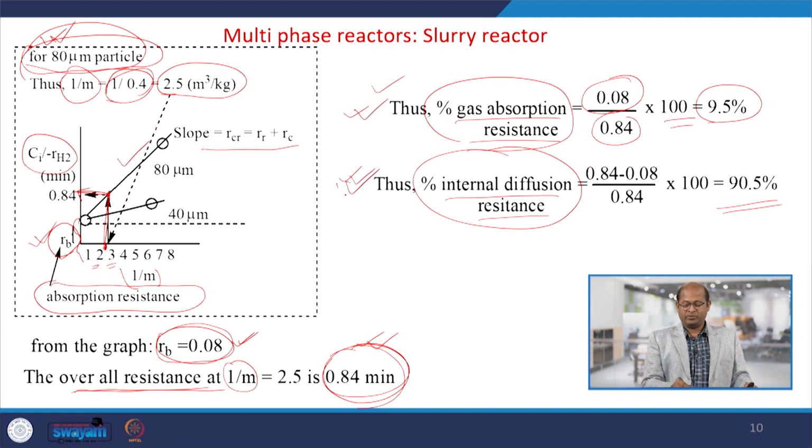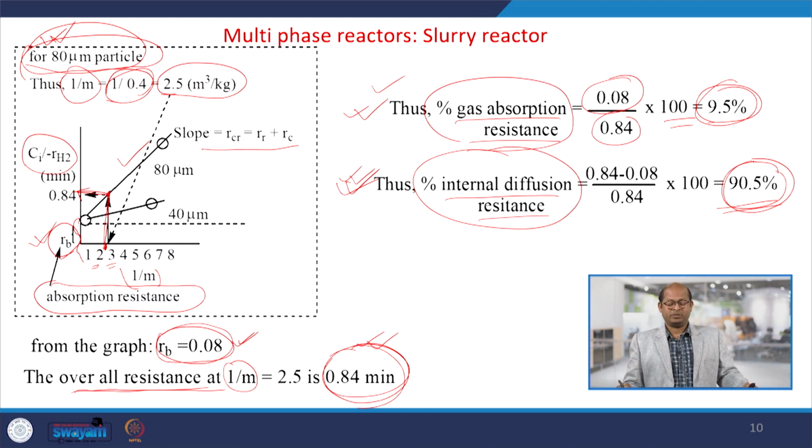Here you can see the value is 90.5 percent, meaning most of the resistance comes from internal diffusion resistance, and gas absorption resistance is 9.5 percent, close to 10 percent, with internal diffusion close to 90 percent. That way we can say that.